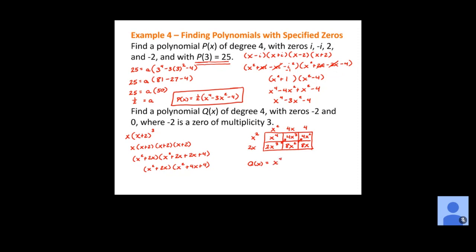Good, so x to the 4th plus 6x cubed plus 12x squared, and then we have our plus 8x. This time they didn't give us any additional information, right? No points or anything, so we don't have to find an a value. This time we can stop right there. Any questions on any of the steps for that one now?